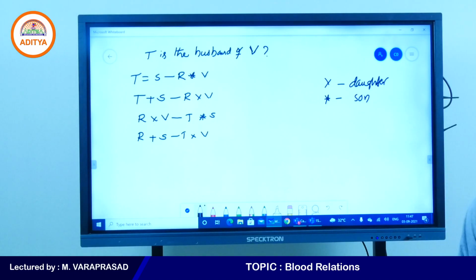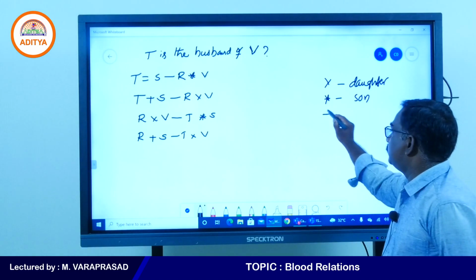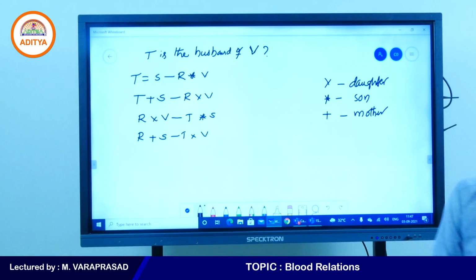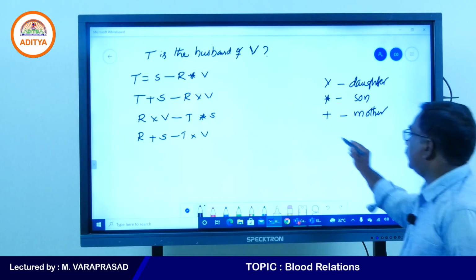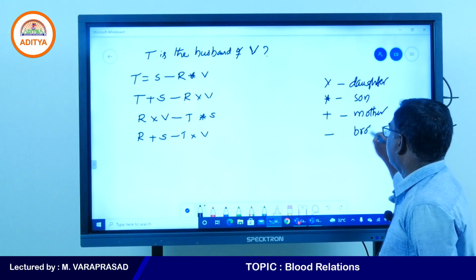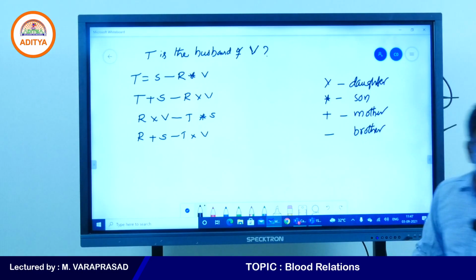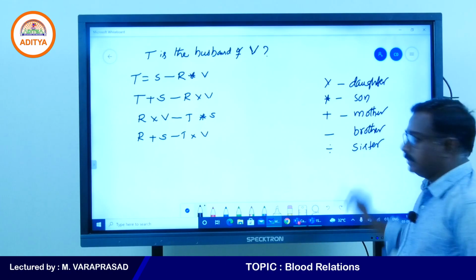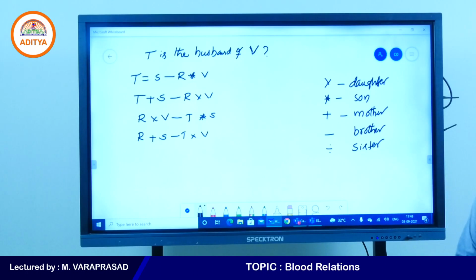The third one, plus, means mother. The fourth one, minus, means brother. The fifth one, divided by, means sister. And the last one, equal to, means father.